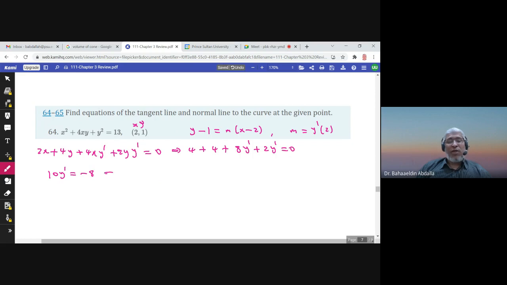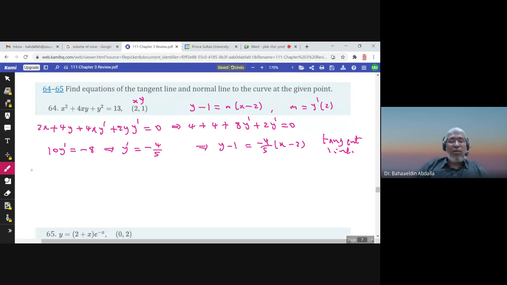Take it to the other side. So y prime is negative 8 over 10, or negative 4 over 5. So the equation of the tangent line is y minus 1 equals negative 4 over 5 times x minus 2. This is the equation of the tangent line.